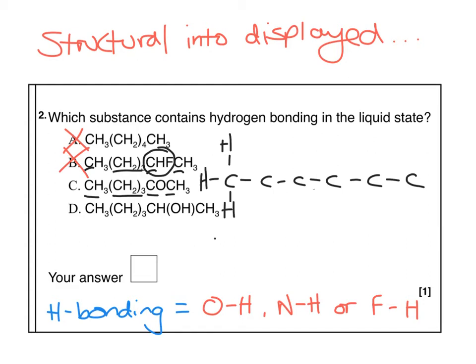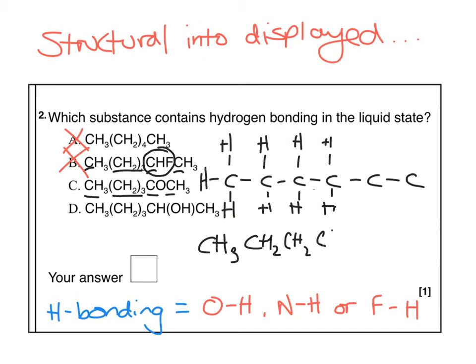My structural formula is telling me I've got CH3, so I need to draw it in my displayed formula. I've then got 3 CH2s: CH2, CH2, CH2, taking care of those.